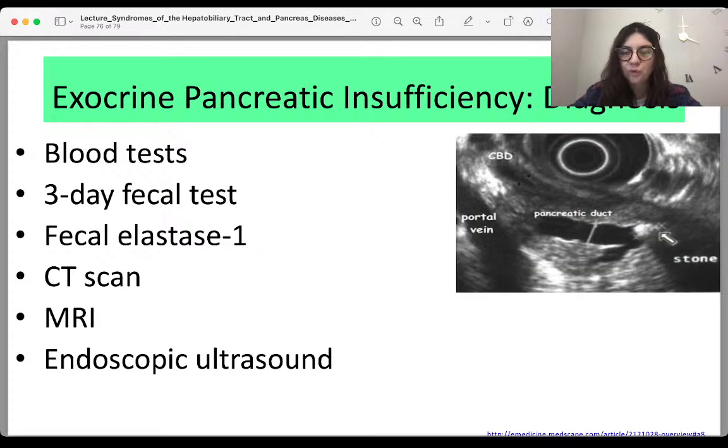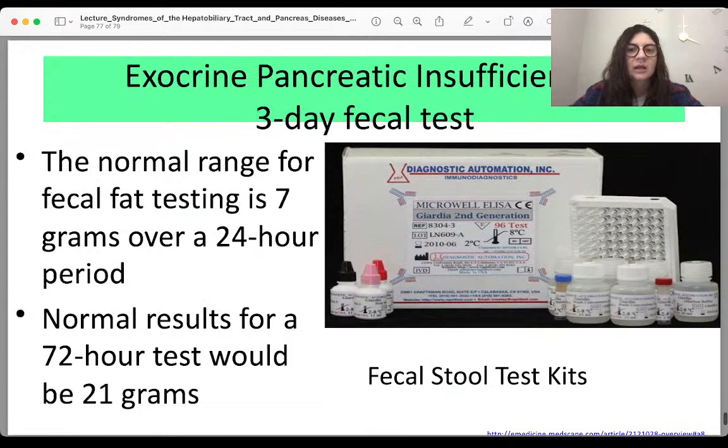For diagnosis of these disorders, we usually use lab tests like blood tests, the 3-day fecal test, test for fecal elastase 1, and endoscopic instrumental tests with CT scan, MRI scan, and endoscopic ultrasound. For exocrine pancreatic insufficiency, one of the most specific tests in the previous list is the 3-day fecal test.